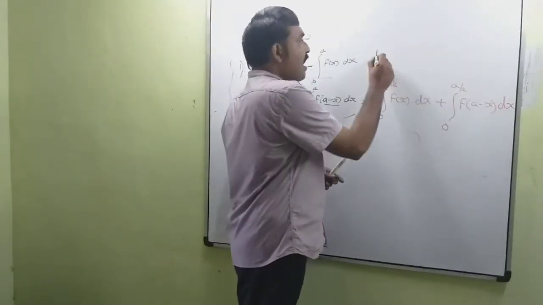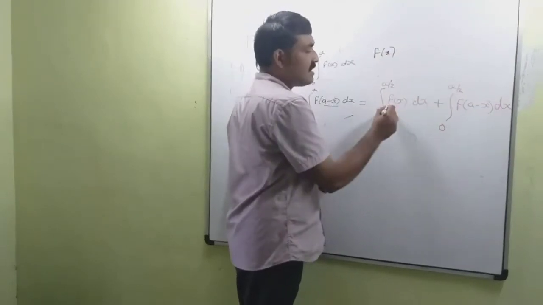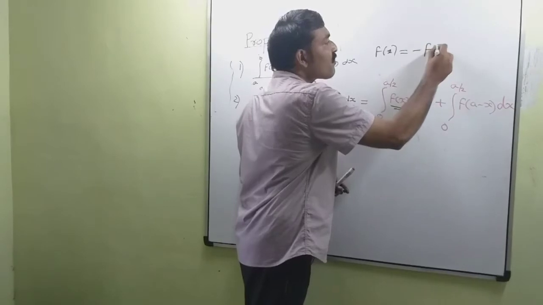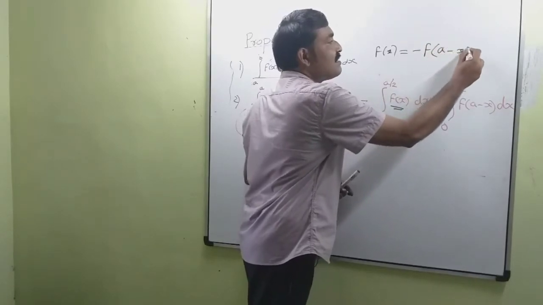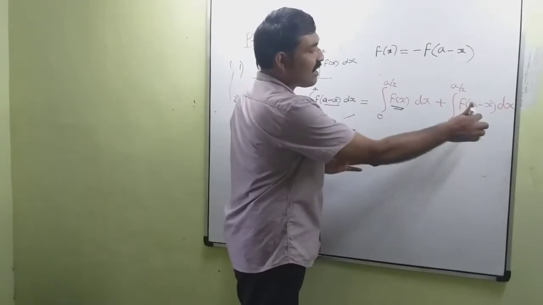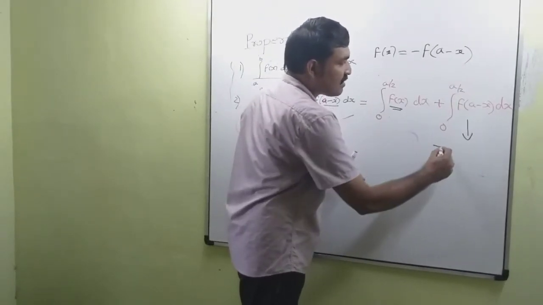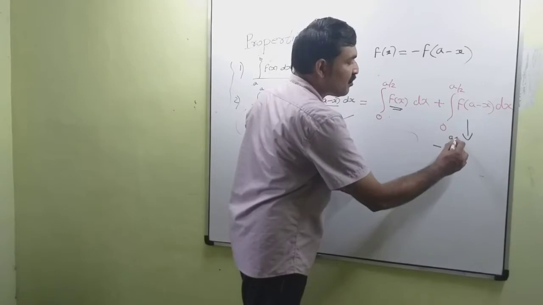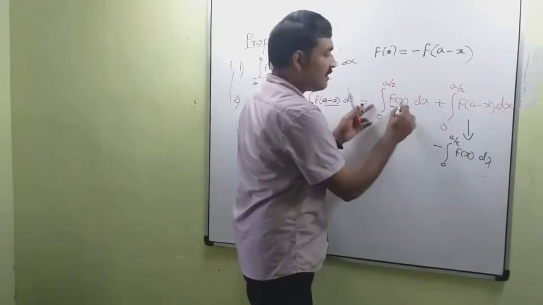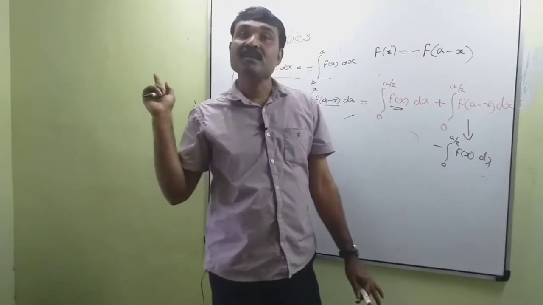Suppose f of x is equal to minus f of a minus x. Then what happens? We can replace this by minus integral 0 to a by 2 f of x dx. This plus this becomes 0.